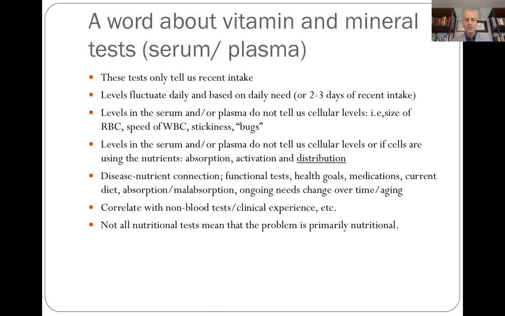And what else can I mention on this slide that is useful for you? Well, the last bullet is important, and we're going to review this in a few minutes in more detail. Not all nutritional tests mean that you have a health problem that is primarily nutritional, and that by normalizing that abnormal vitamin or mineral test, your problem will go away.